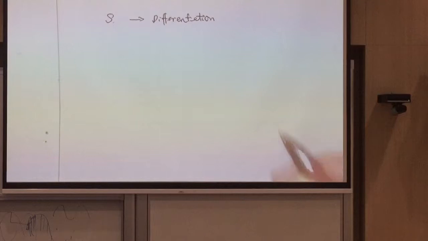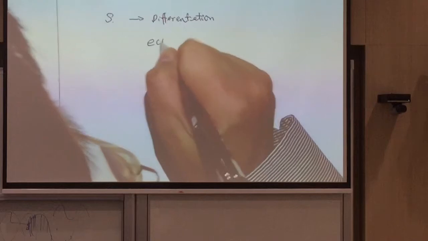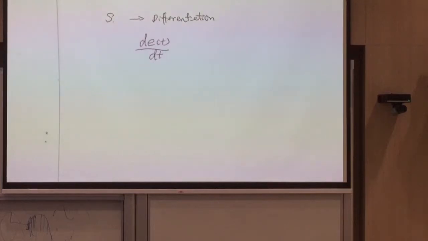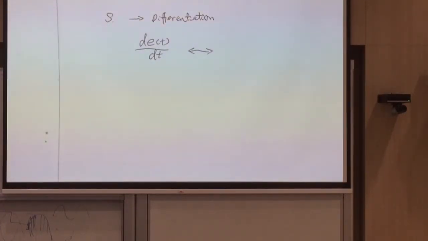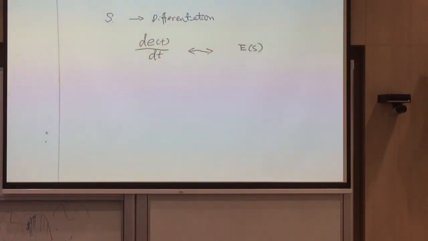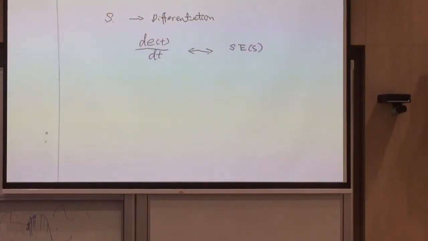We mean dE(t)/dt, which is differentiation, right? And if you have done the Laplace transform, what does it mean? Your E(t) becomes your E(s). And if you want to do the differentiation of your E(s), what have you done? You have an S operator, so it's multiplied with S.